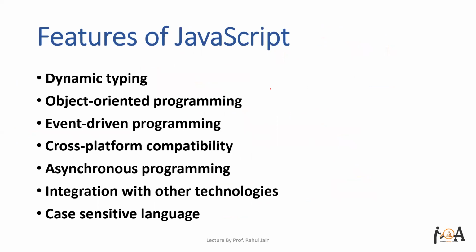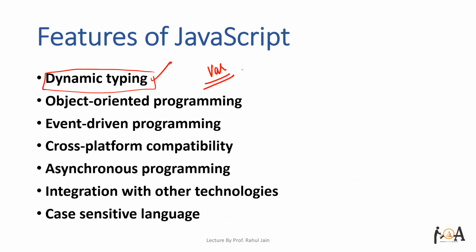Okay. Now features of JavaScript. First of all, it is dynamically typed. What do we mean by dynamically typed? Whenever we discuss this keyword, it means that whenever you write any variable name, you do not need to give the type of that variable.